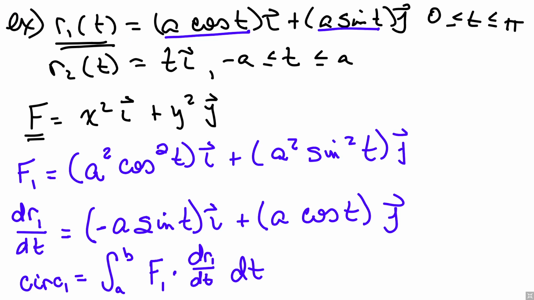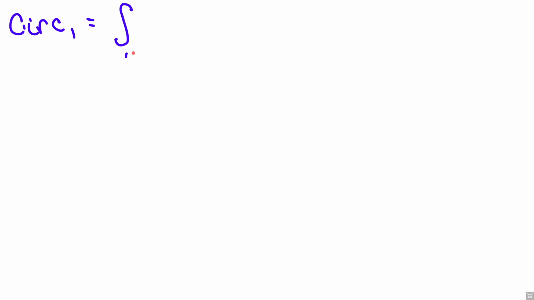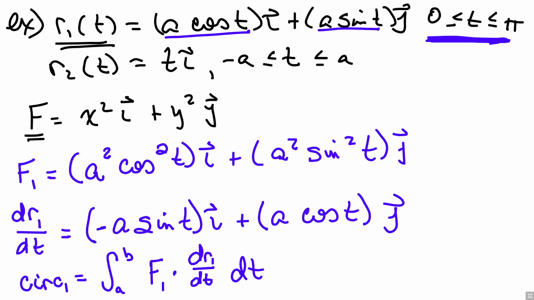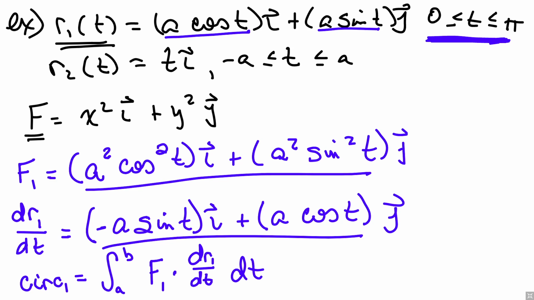For the first circulation, it's going to be the integral, and our limits of integration are based on the path that we're following. So we're going to integrate from 0 to pi of the dot product of these two.